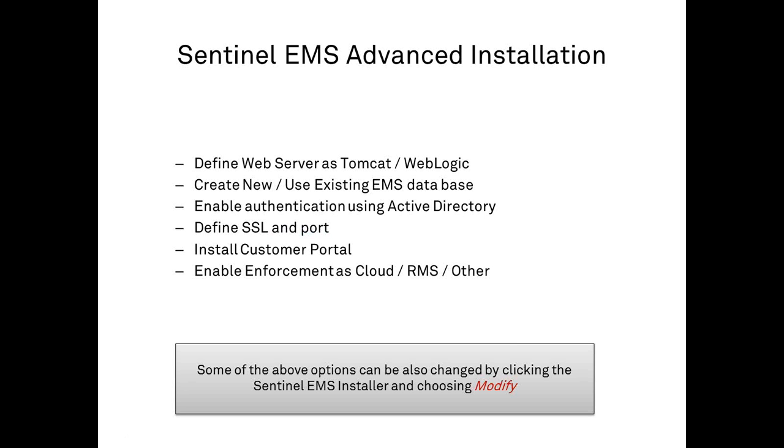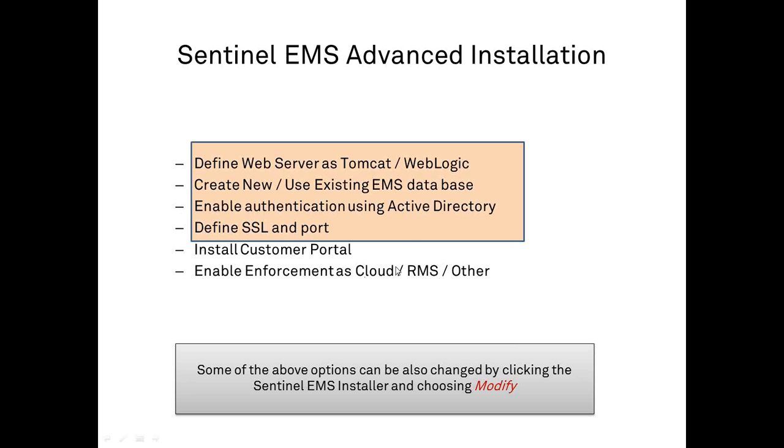Maybe you want 9000 or something else. So you can make these changes over here. Then you can install the customer portal and enable it, but we will talk about that later. Now I'm just focusing on these four options that you have here highlighted.